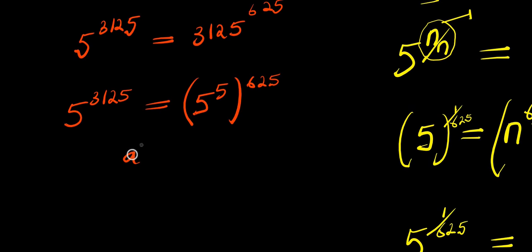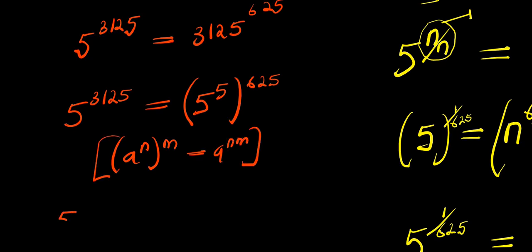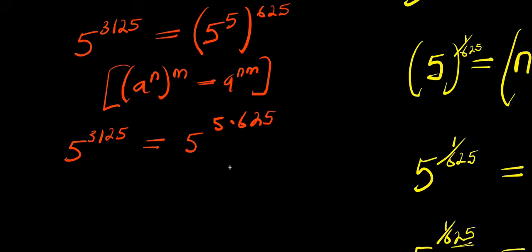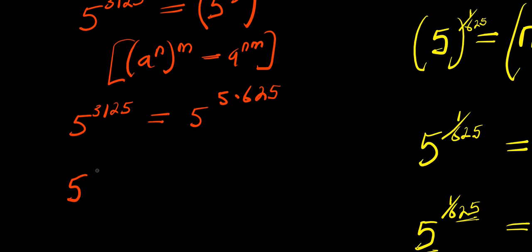Now, if you have a power n raised to the power of n equals a power n times n, so we have 5 power 3125 equals 5 power 5 times 625. 5 times 5, 25. 5 carry over 2. 5 times 2, 10 plus 2, 12. 2 carry over 1. 5 times 6, 30, 30 plus 1, 31.